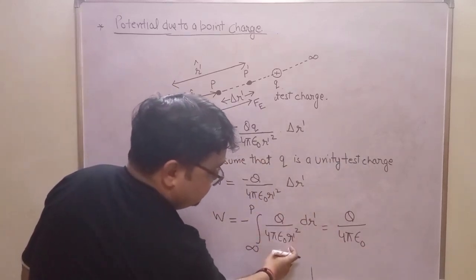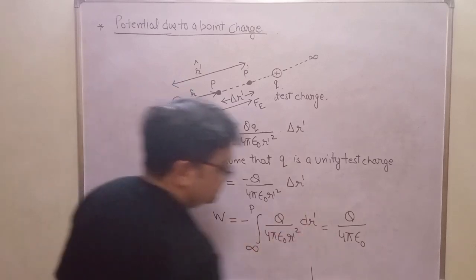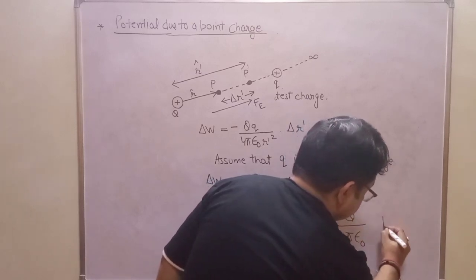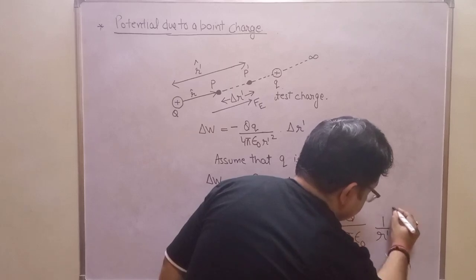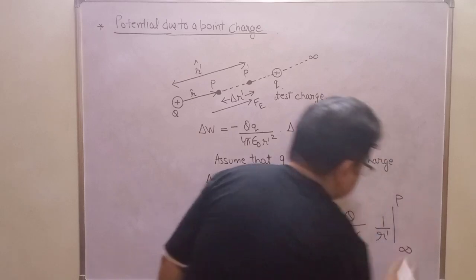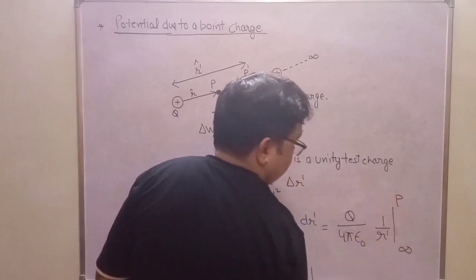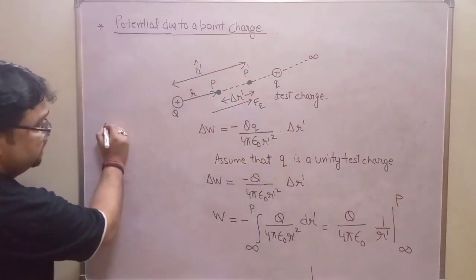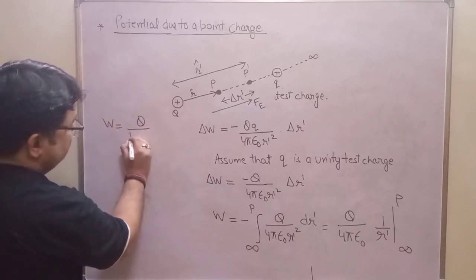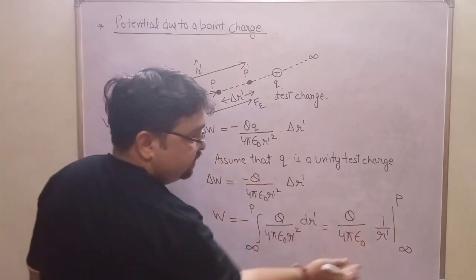Now 1 upon r dash square integration is minus 1 upon r dash. Minus minus will get cancelled. And the limits are infinity to P. So when you put the limits, lower limit and higher limit, then you will get W is equal to Q upon 4 pi epsilon naught r, because 1 upon infinity is 0.